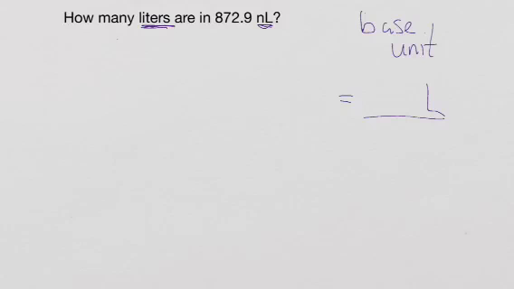So according to the factor label method, the first step is to write the answer line and the label that you're going to label on your answer. The next step is to write the given over 1. So go back up in the problem, 872.9 NL. NL stands for nanoliter, and I'll have the sub pass out the equality sheet here in a minute, so you can look that up.